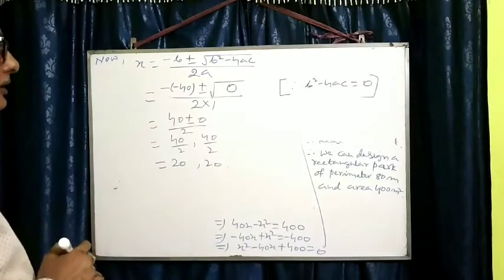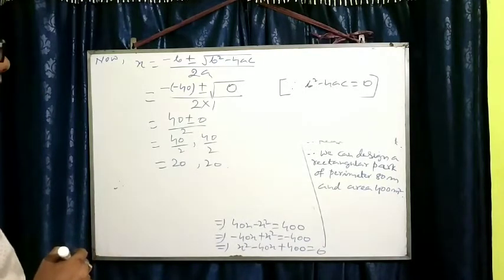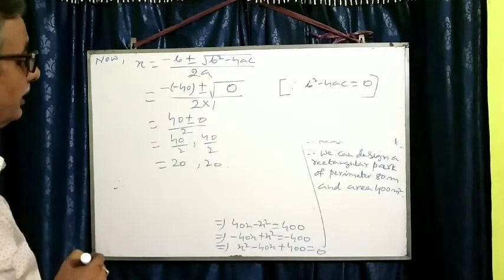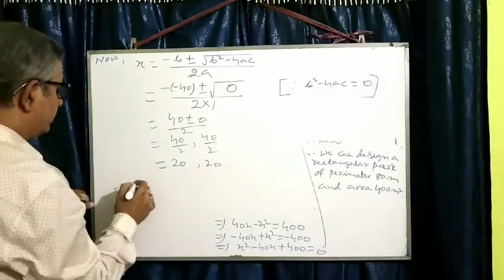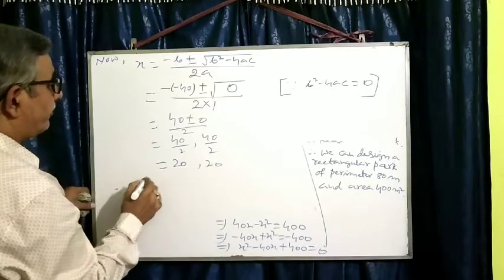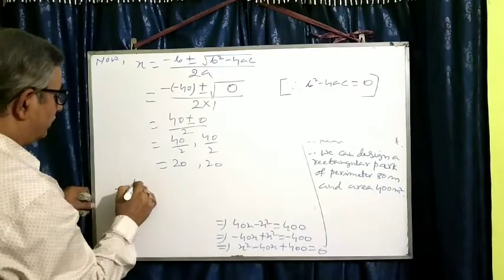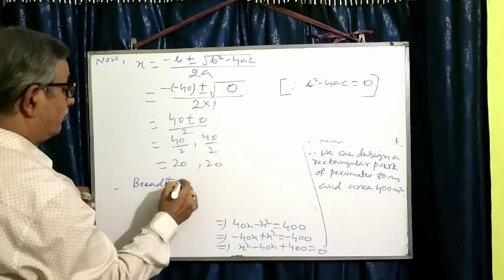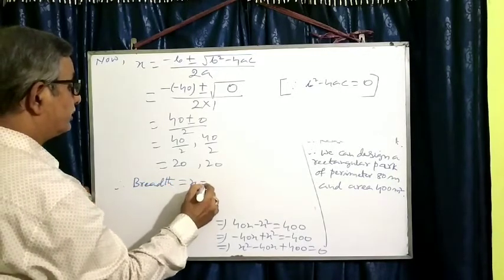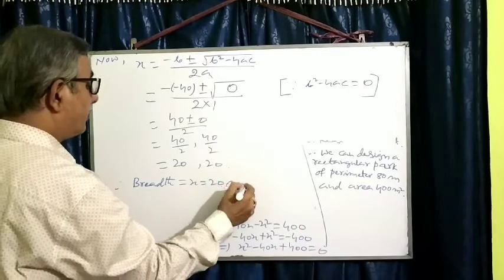Breadth is equal to x, that is equal to 20 meter.